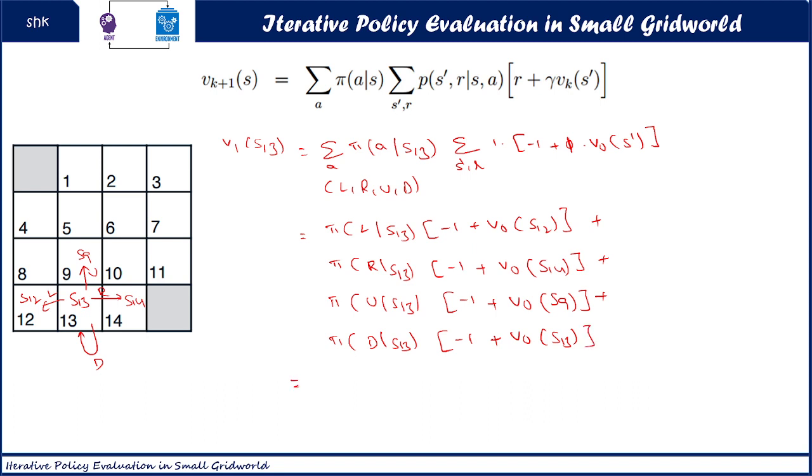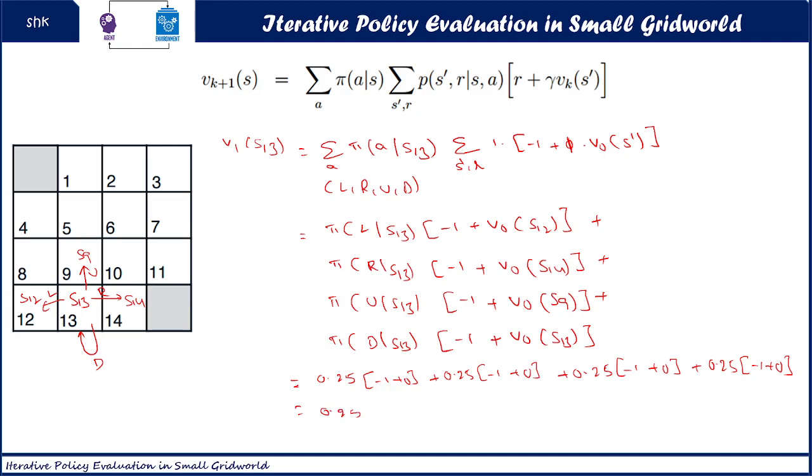So as the probability of any action is 0.25 and V naught for any state is 0, by substituting the values, we can rewrite the function as 0.25 into minus 1 plus 0, plus 0.25 into minus 1 plus 0, plus 0.25 into minus 1 plus 0, plus 0.25 into minus 1 plus 0.